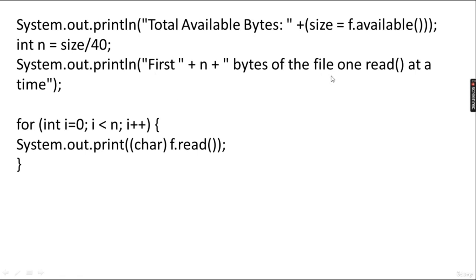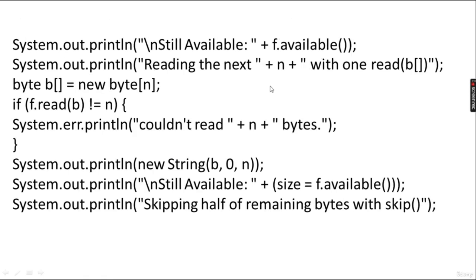How many bytes of the file are read one at a time is decided by the available bytes divided by 40, so these many can be read. And in the for loop, we are reading each and every character one by one. Still available, f.available, reading the next n with the one read b.